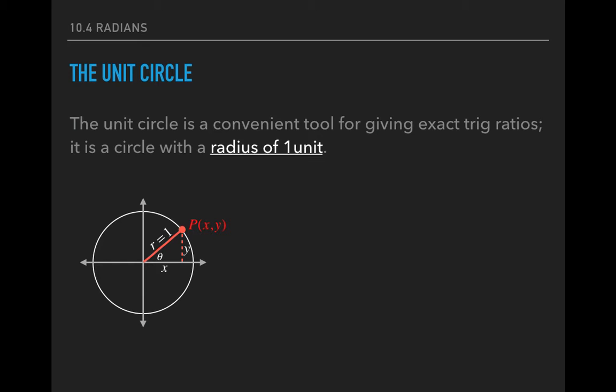And even if you didn't know theta, that would be okay, because you could still find x and y and your radius. Now what's really fascinating and what makes a unit circle so convenient is sine of your theta would be your opposite, which is your y, over your hypotenuse, which in this case is 1.